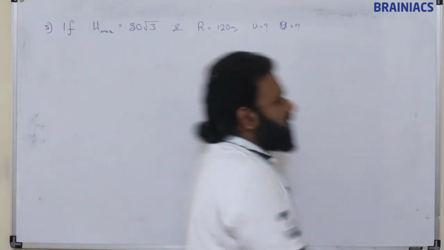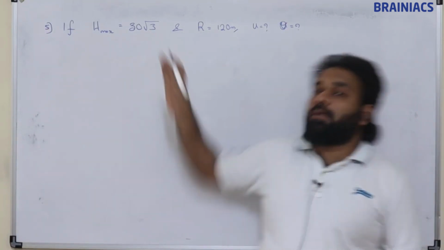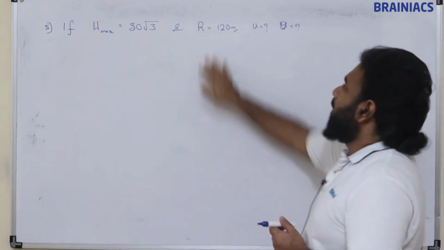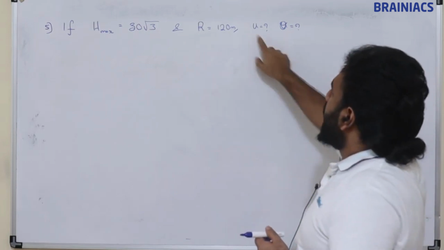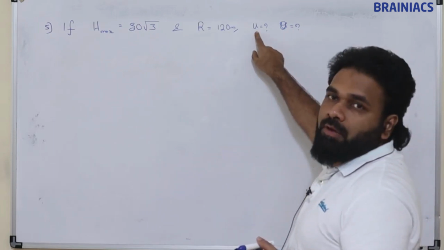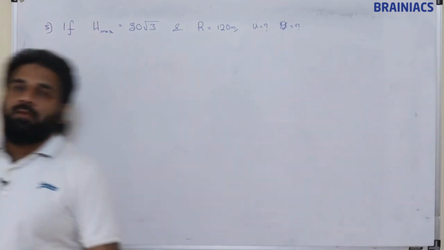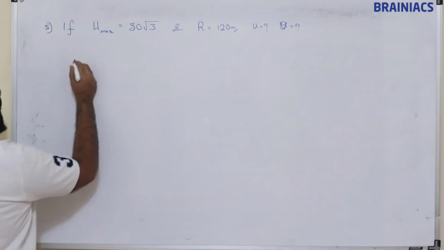Okay, another question: the maximum height is given as 30 root 3 and the range is given as 120 meters. Then they are asking for the initial velocity and the angle of projection. Take this question, pause the screen and try to do it yourself.